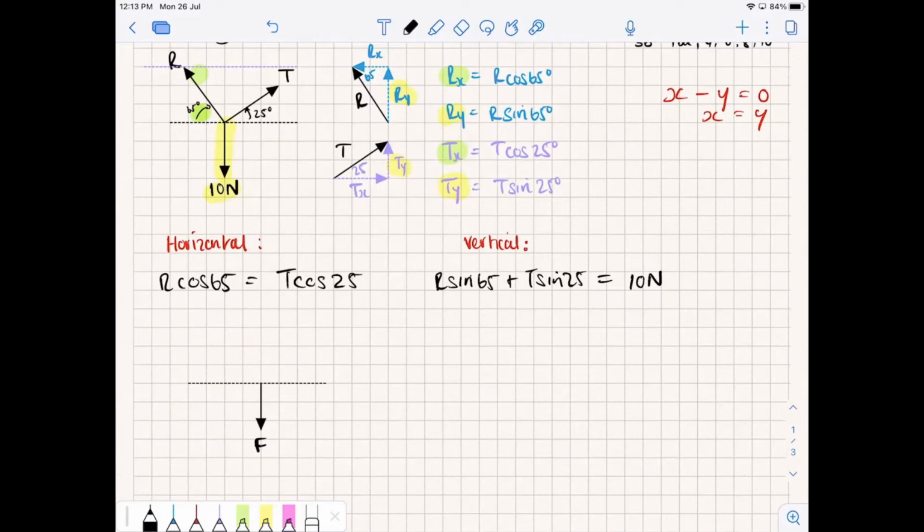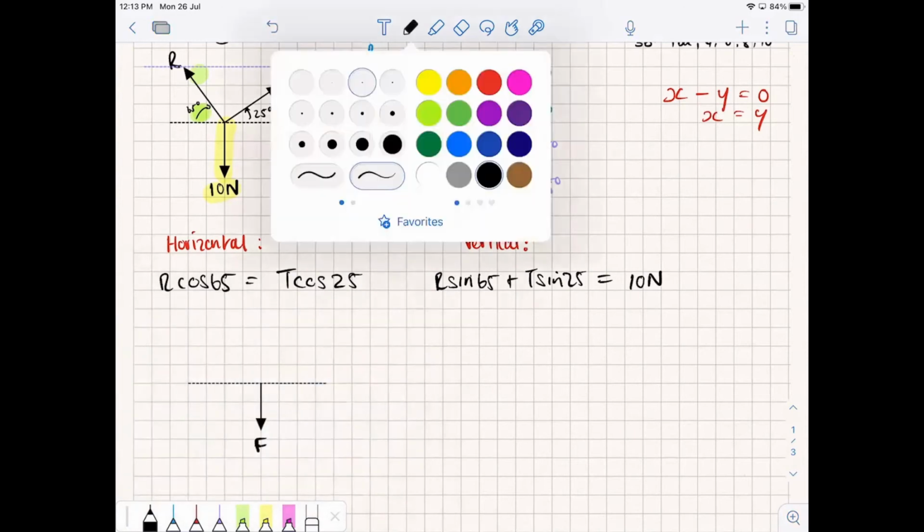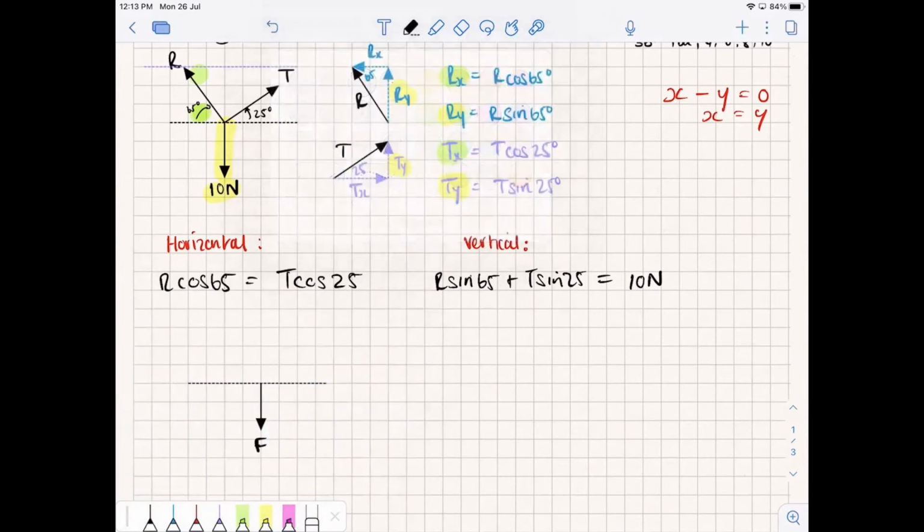Okay. And we can do the same thing for the vertical. So if we have a vertical line as the line of action, and we have a component perpendicular to it, there will be no force in the vertical direction. Right? Does that make sense to everybody?